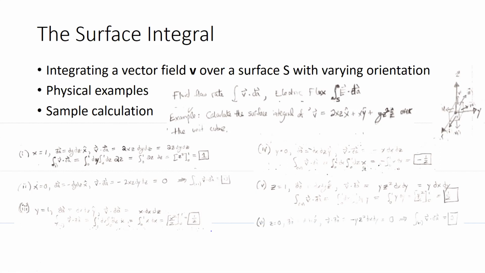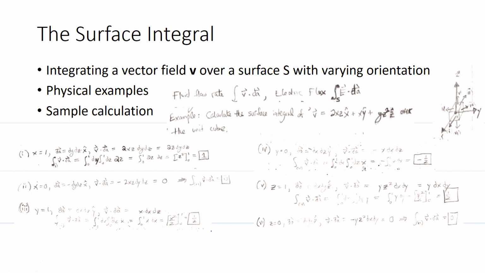And then finally, we have the bottom surface where z equals 0. Again, dA is minus dx dy z hat, which is the opposite of what we had before.